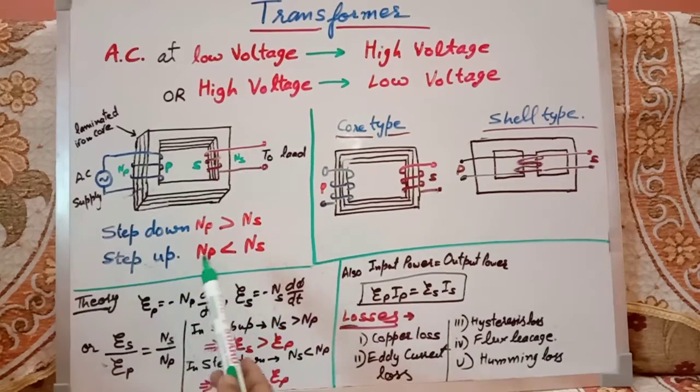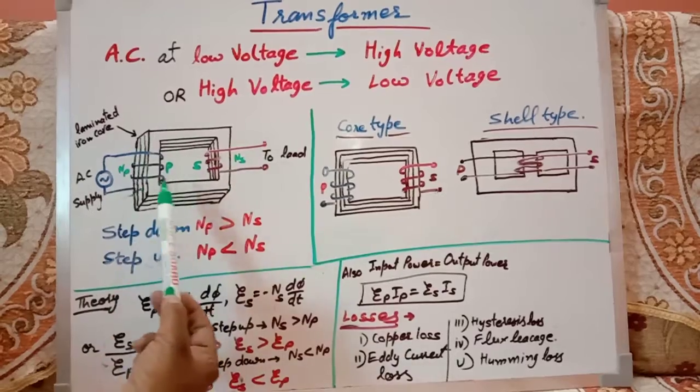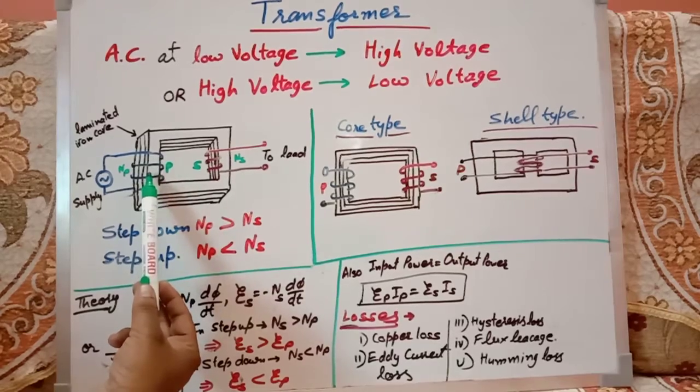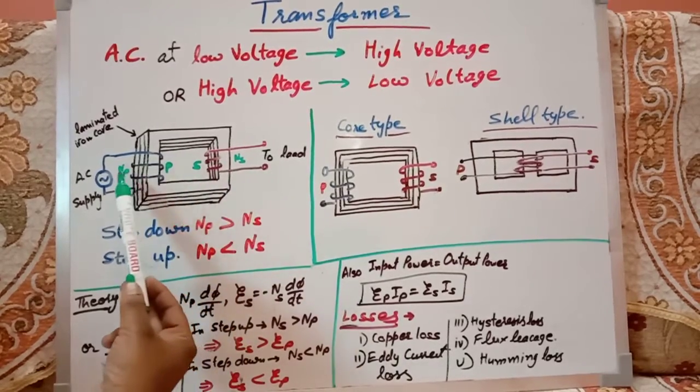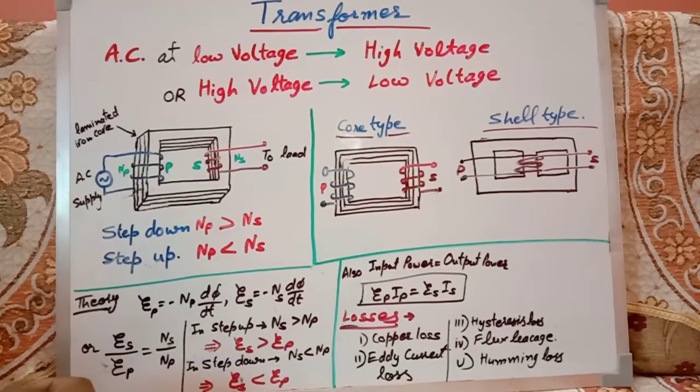Okay, now it is clear from the diagram. This is the laminated core, and this is the primary coil and this is the secondary coil. NP is the number of turns of the primary coil and NS is the number of turns of the secondary coil.